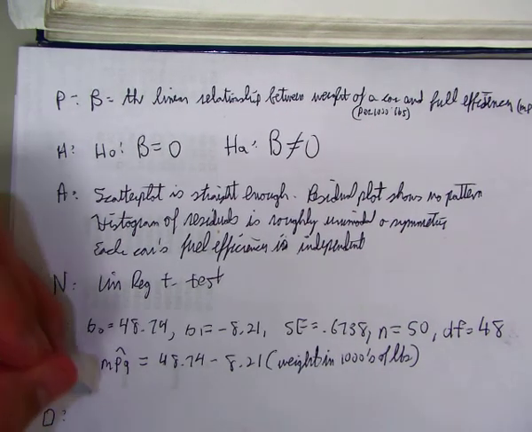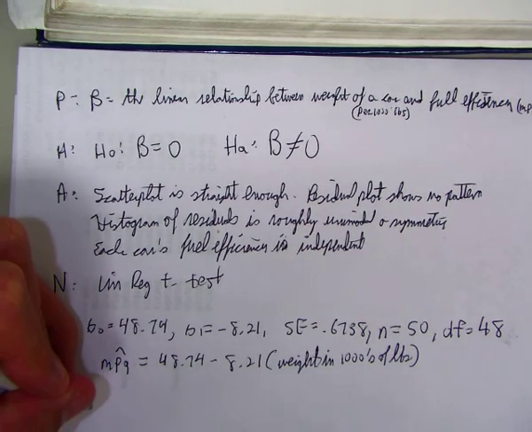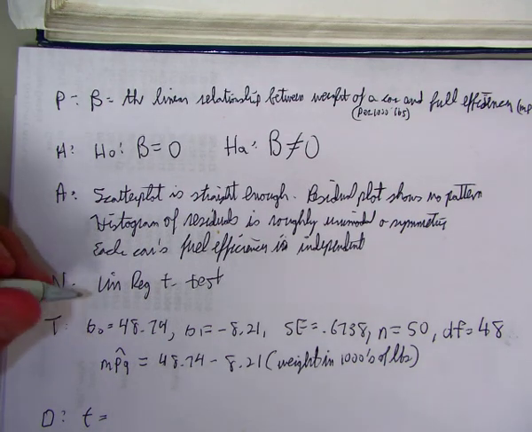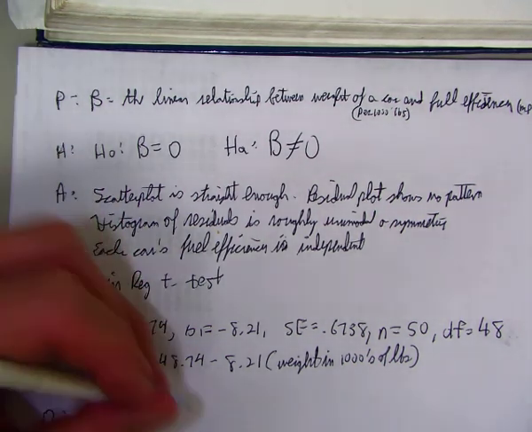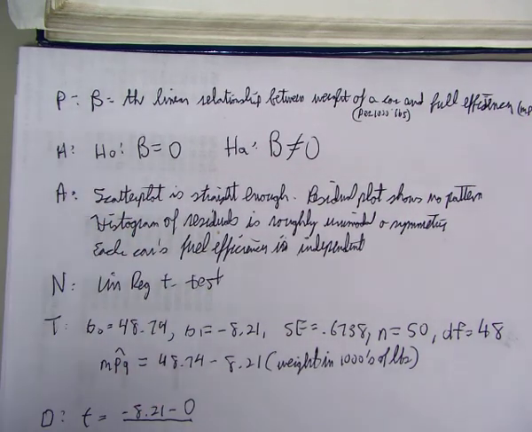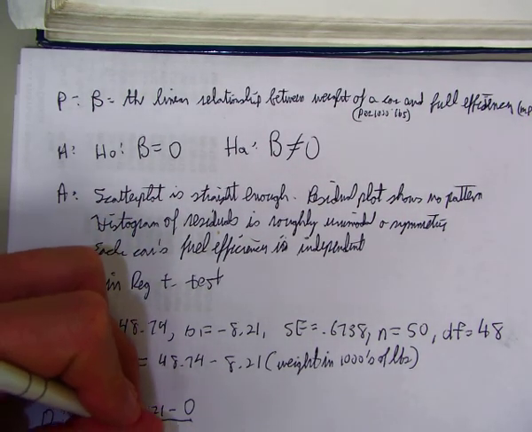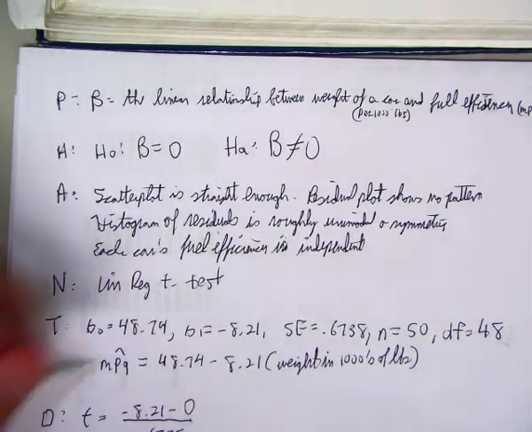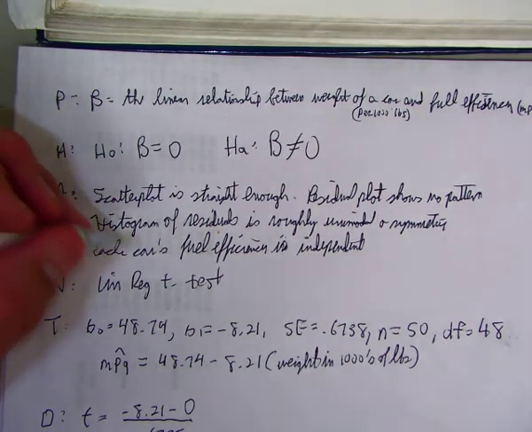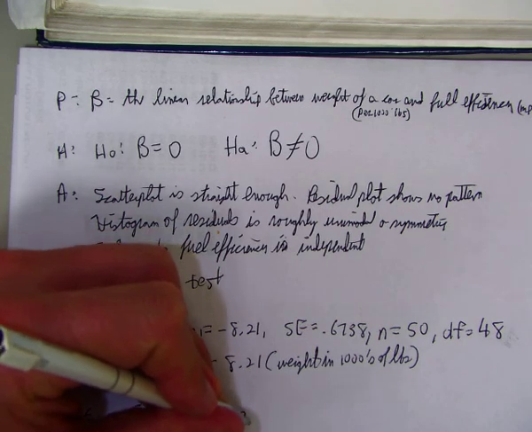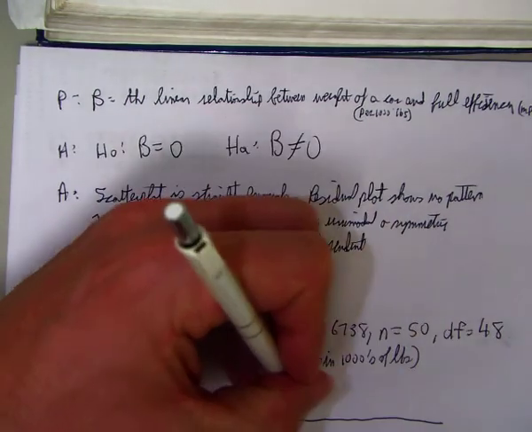Now to obtain P, the t-value is going to be B sub 1 minus big B over the standard error. And if you do those out, guess what those come out to? Well, your T ratio is already given. It's negative 12.2. So this is a two-tailed test.